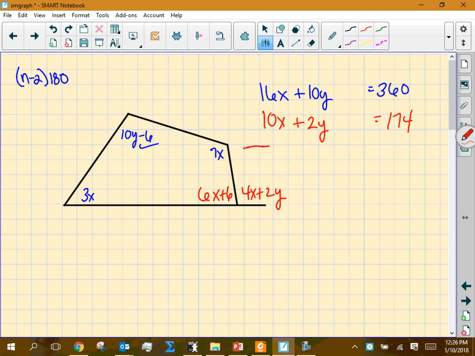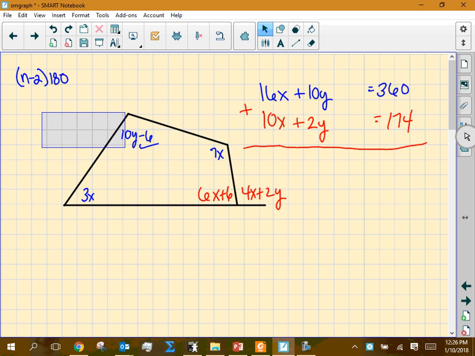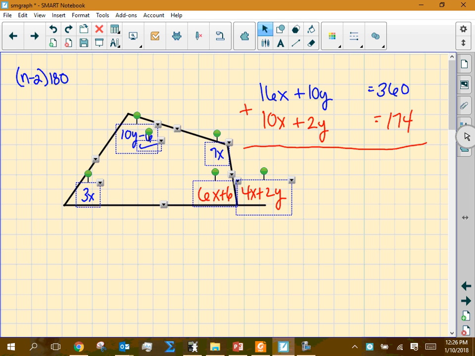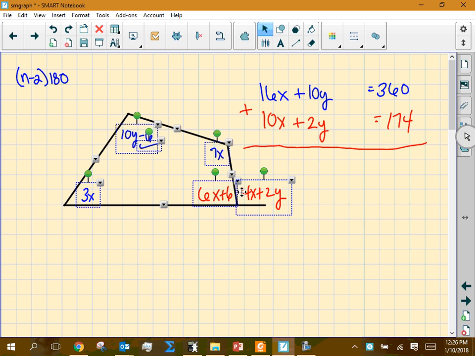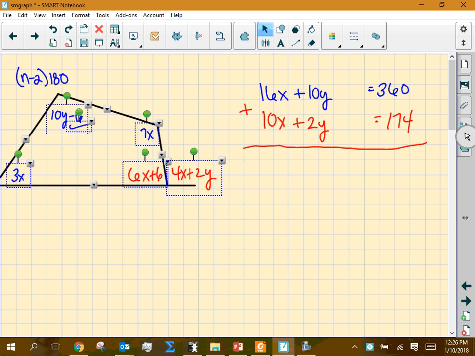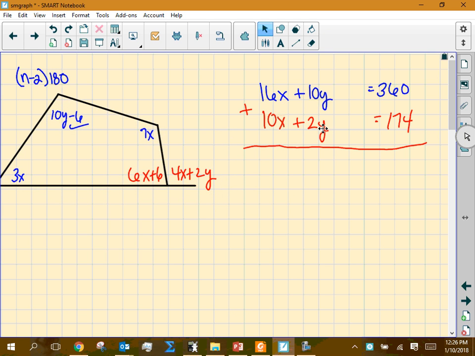So now what we want to do is add these things straight down and hope that a variable disappears. Well, the way it's set up, when I add straight down, we get 26x and 12y's, right? So I need to manipulate one of these equations. My thought is this one here is probably easier to multiply by a negative 5.